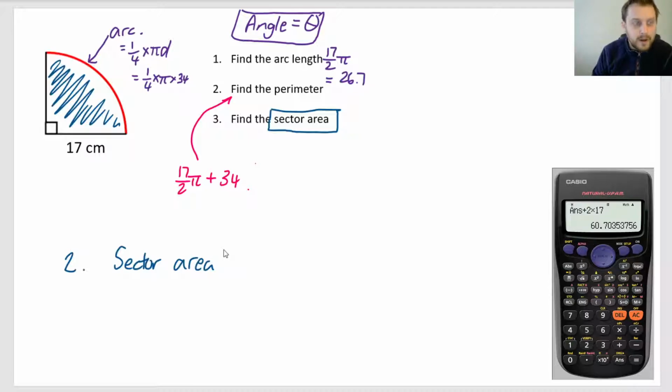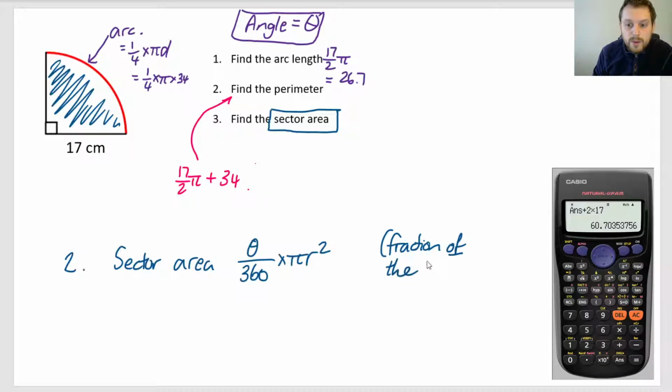It's a fraction of it. And that fraction is given by the same fraction as before, theta out of 360 times pi r squared this time. The way I want you to think of this is it's a fraction of the total area.